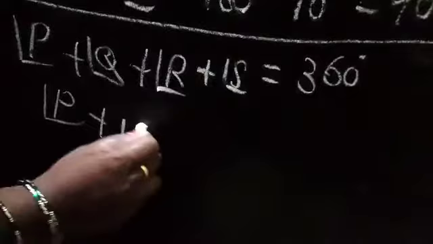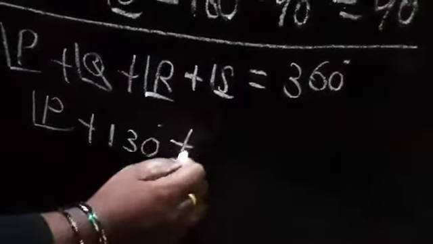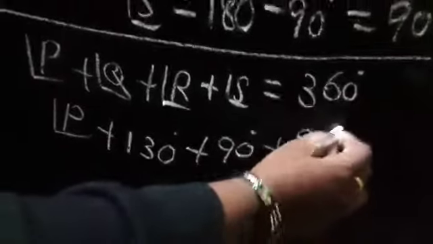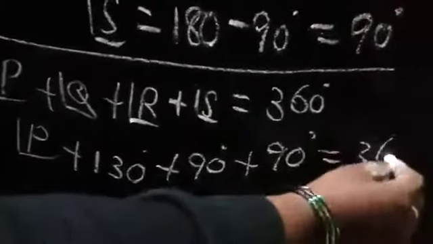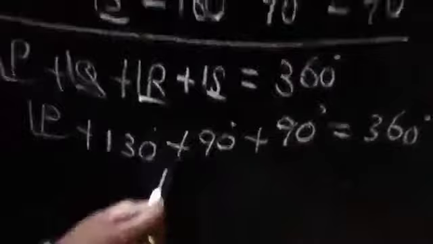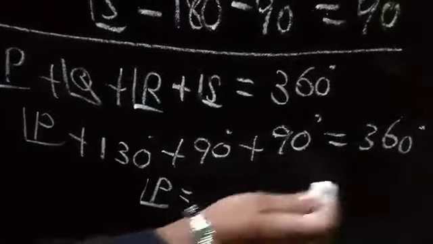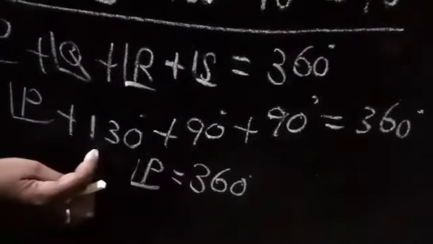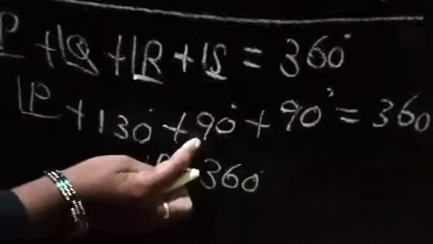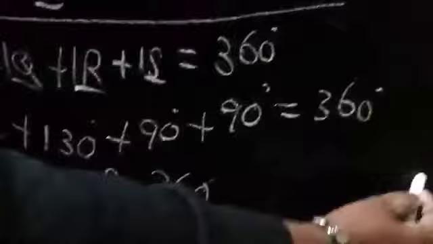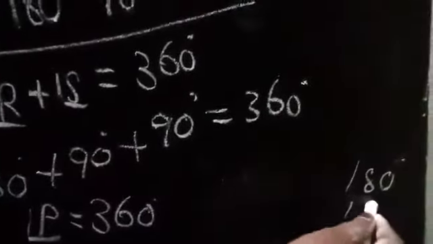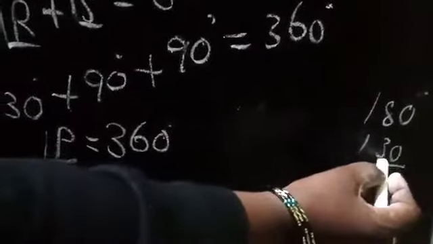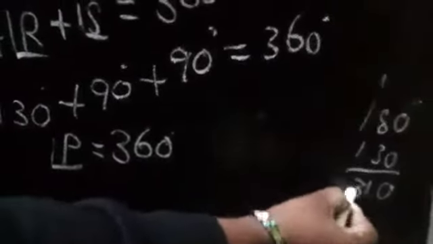Q angle they have given as 130 degrees, R angle they have given as 90 degrees. When R is 90, S we also know is 90 degrees, equal to 360. So P angle only we need. This is 360 degrees, and all the angles when we add: 90 plus 90 is 180, 180 plus 130 is 310.